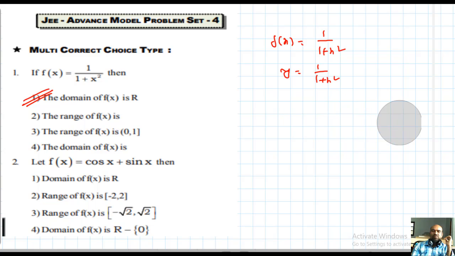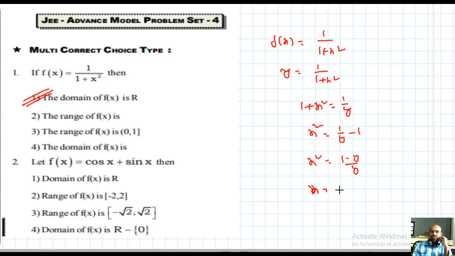This is a multiple-type question, no? That's why we need to find the range also. 1 plus x square equals 1 by y, or x square equals 1 by y minus 1, or x square equals 1 minus y by y, or x equals root over 1 minus y by y. x should be a real number, which means that 1 minus y by y should be greater than or equal to 0, or y minus 1 by y should be less than or equal to 0.